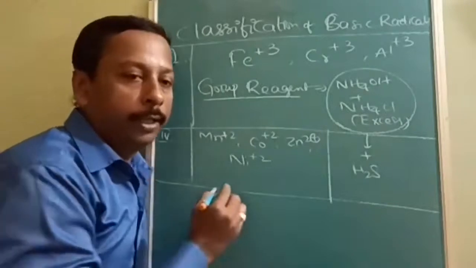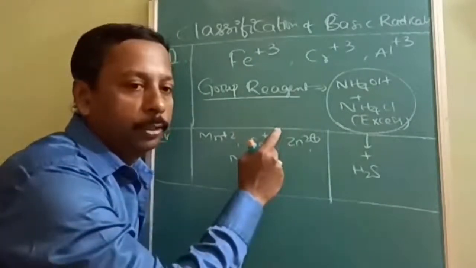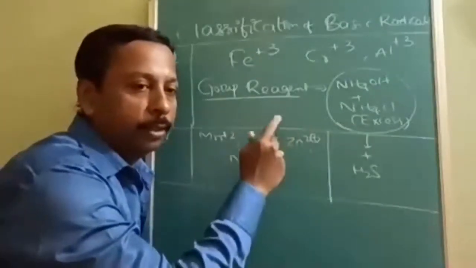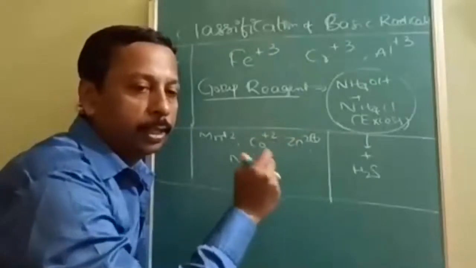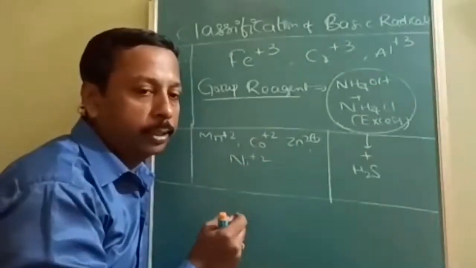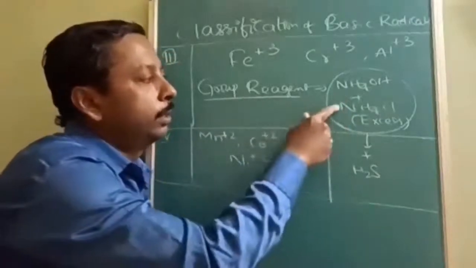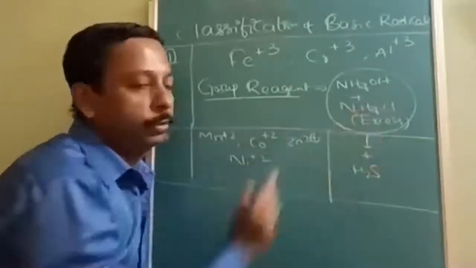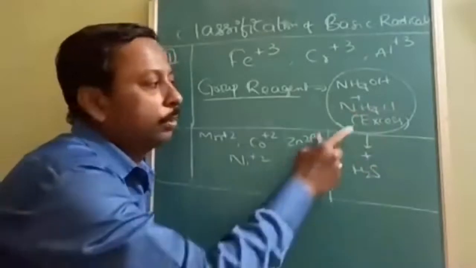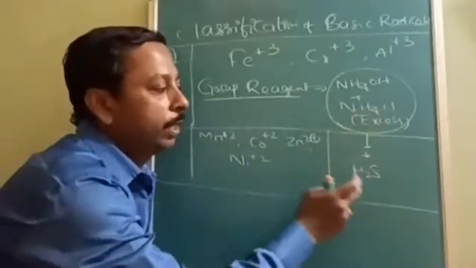Like we used one reagent for the first group and then added one more for the second, likewise here the third group reagent is NH4OH and NH4Cl. After that, to the same mixture we add H2S.